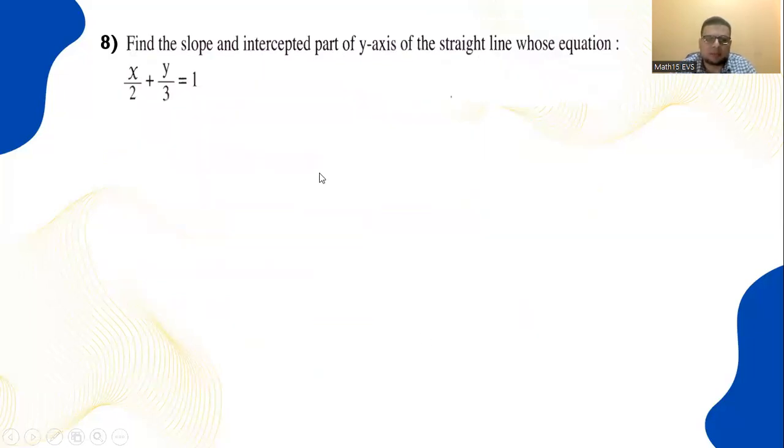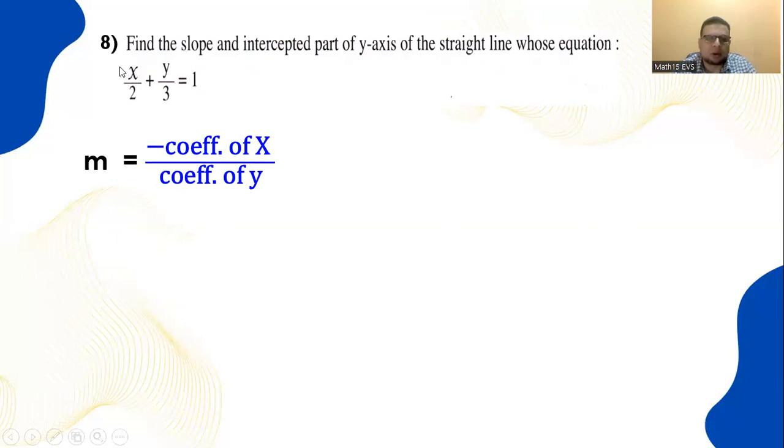Question number 8. Find the slope and the intercepted part of the y-axis, the C, and the slope m of the straight line whose equation is x over 2 plus y over 3 equals 1. You can simplify to get the slope and the intercepted part. M here equals negative coefficient of x over coefficient of y.